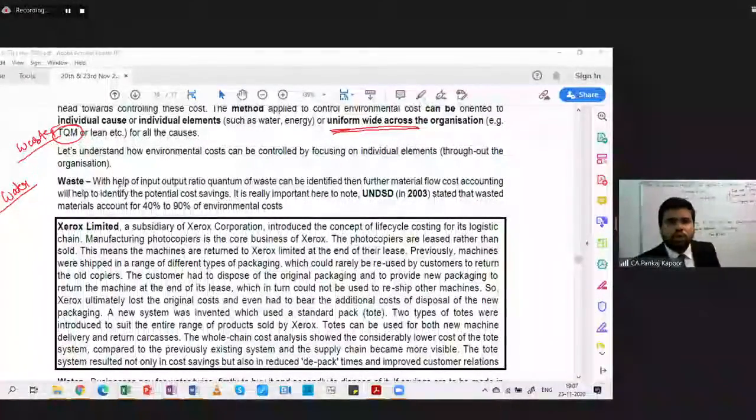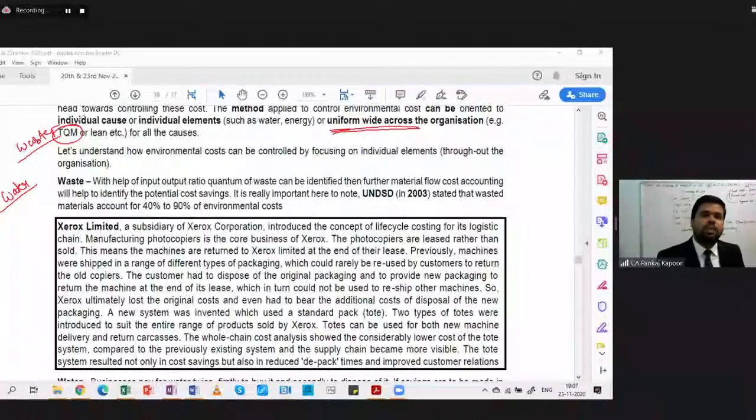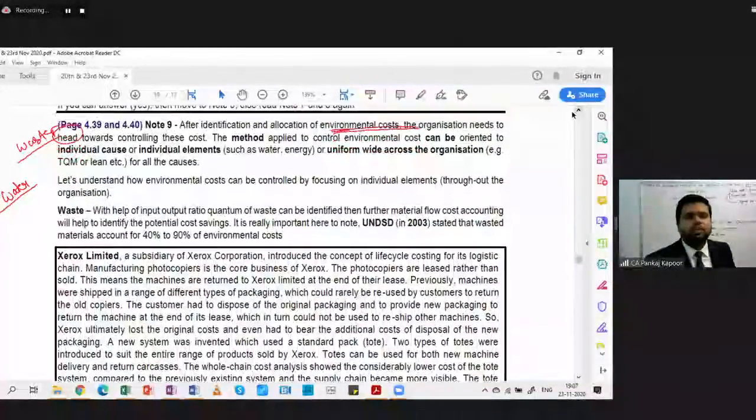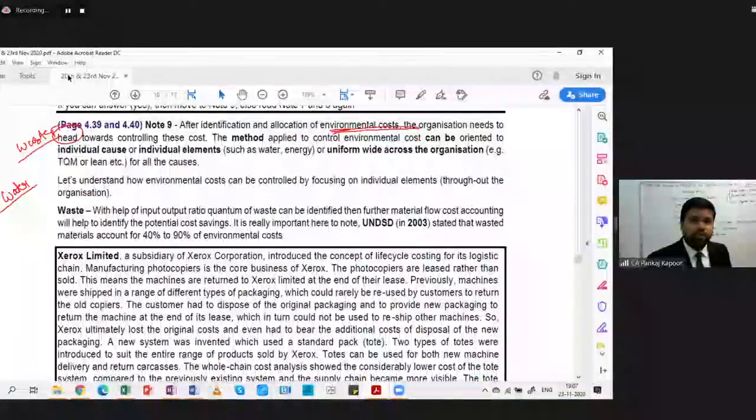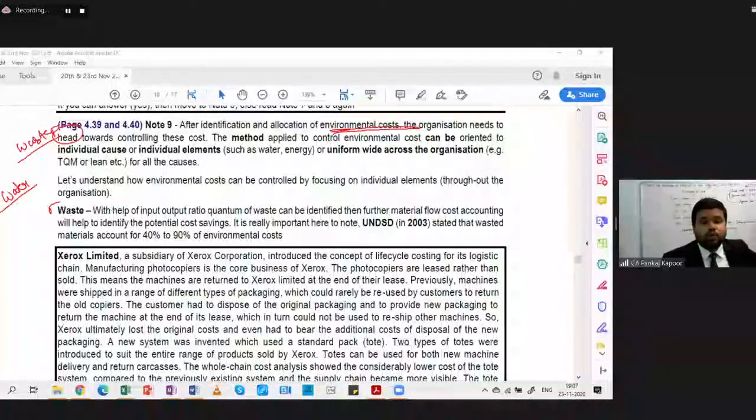Okay, so now we will see some factors which are mentioned in your study material, how these factors need to be countered, and these are mentioned on page numbers 4.39 and 4.4 of your study material. We'll see the first heading, the waste. What is mentioned here?